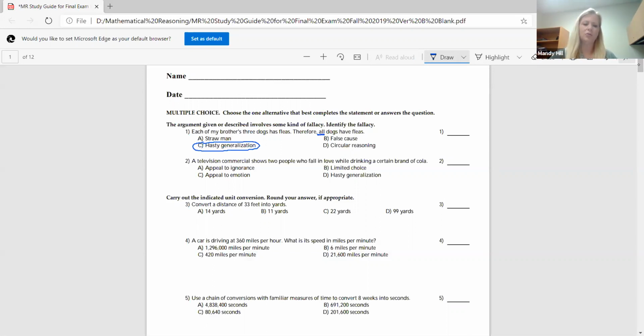We can't put all of those into the same pot. So that would be an example of a hasty generalization, because it basically jumps from 3 dogs to all dogs. So we would say the right answer would be C on that one.